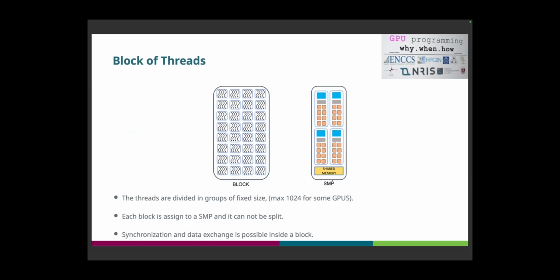Now, what's different here is that there is a very small amount of memory that can be shared by the threads running on these SIMT units, and this memory can be used to communicate between themselves.